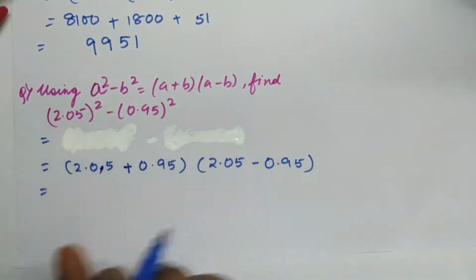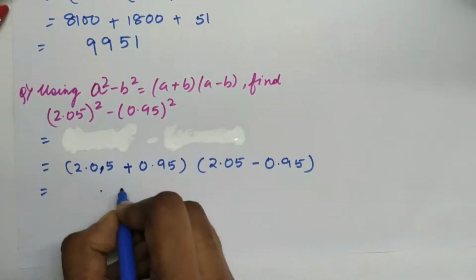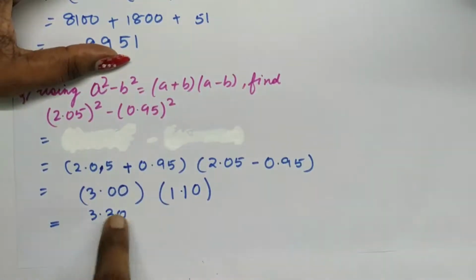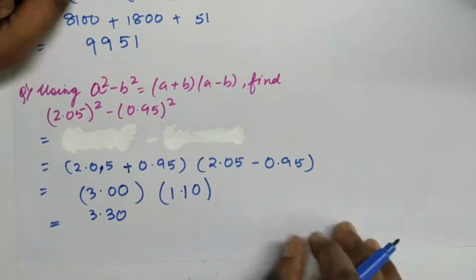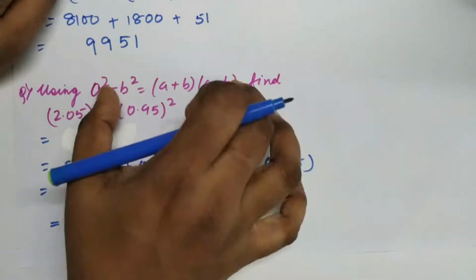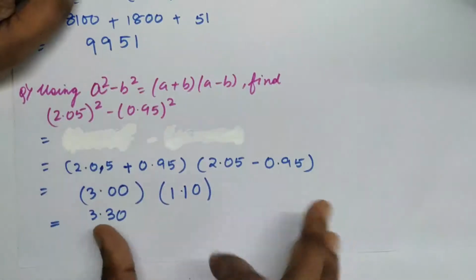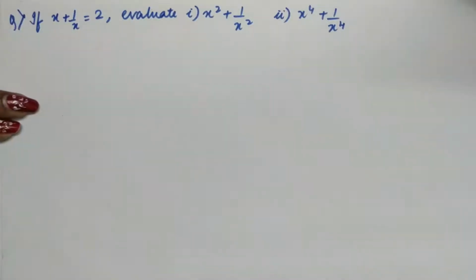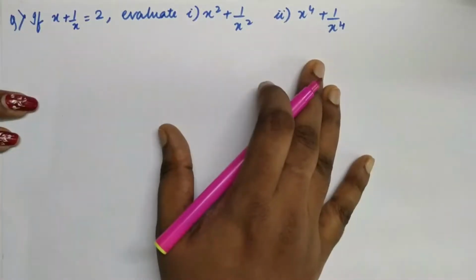A plus b and a minus b form. So let us solve. So after solving, we are going to get 3.30, 3.3. So using the identity, when any identity is mentioned to you, see that you use that particular identity only to solve your question.